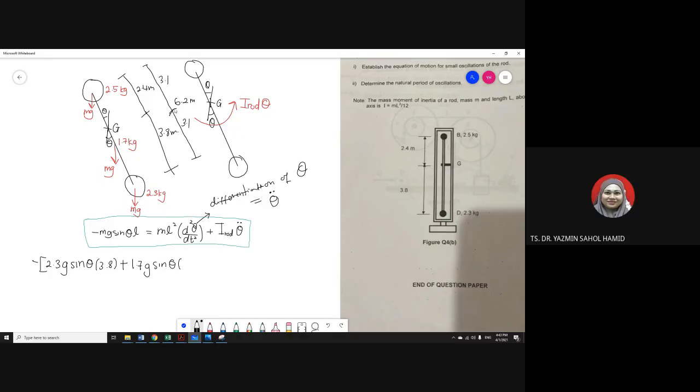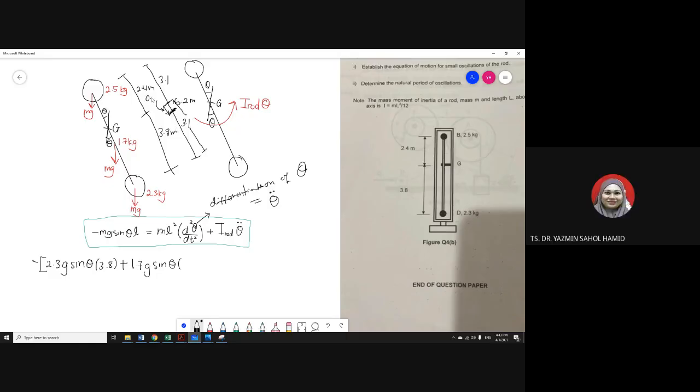So from the center of the rod to the gravity, what is this length? If this from here is 3.1, what is this length? It will be 3.8 minus 3.1, right? So what is it? 0.7.